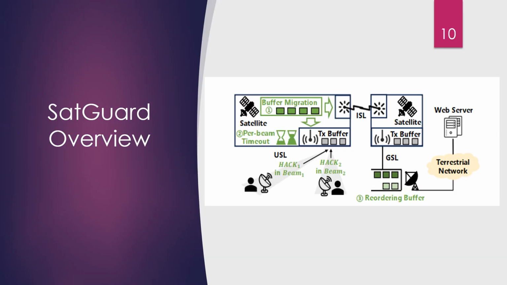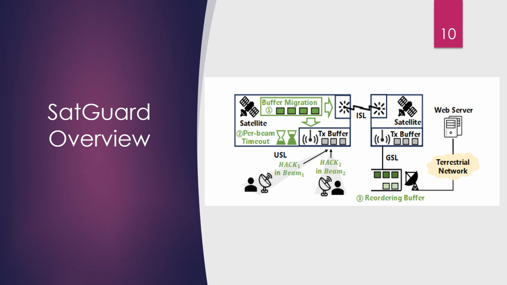To address the performance issue in LEO satellite networks, this article introduced SatGuard, which includes three key mechanisms. First, buffer migration that prevents packet loss during satellite handovers.